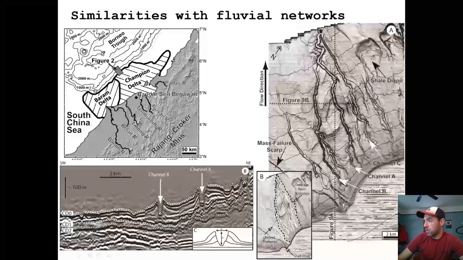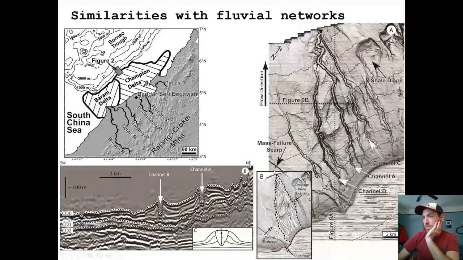You have headwater channels almost up here at the top of the slope, and they are integrating to form one larger submarine canyon network, right? Just as you might expect to see in a river and delta system.